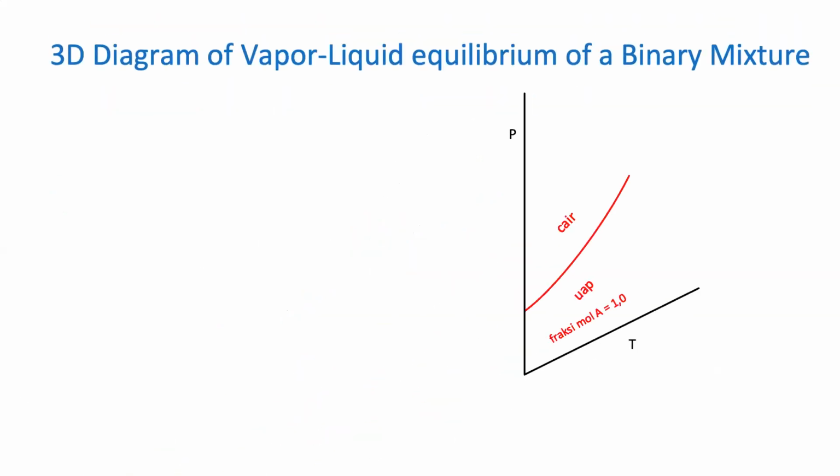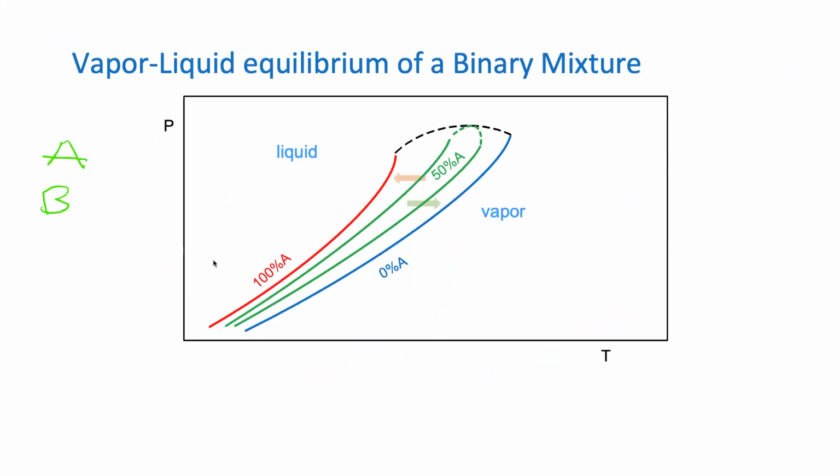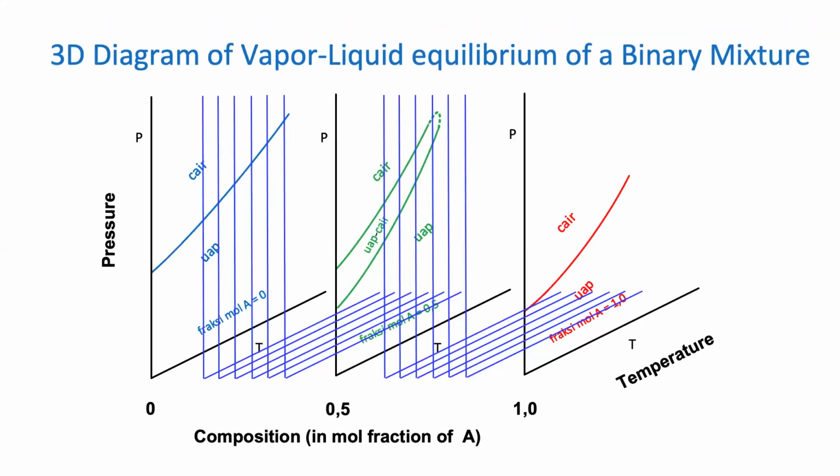If we have a tree diagram, so we have a 3D diagram between the pressure, between the temperature, and also the composition. So the first one here is for 100% A. Sorry, terbalik ya.